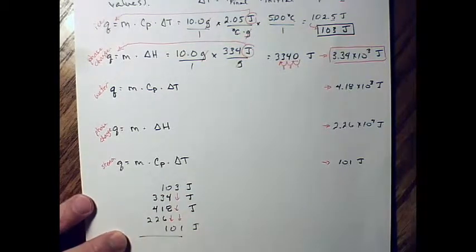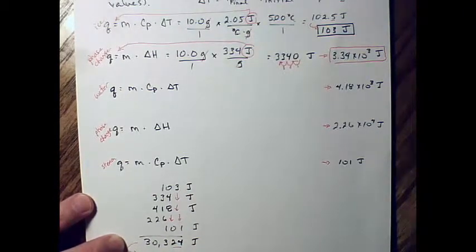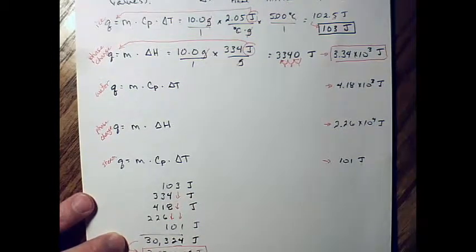You add all those together, and you get 30,324 joules. But we have to round off 2 digits. So we get 3.03 times 10 to the 4th joules is our energy change. Okay?